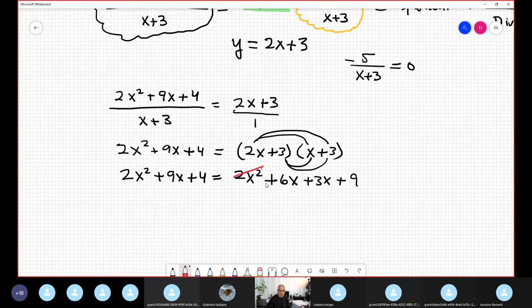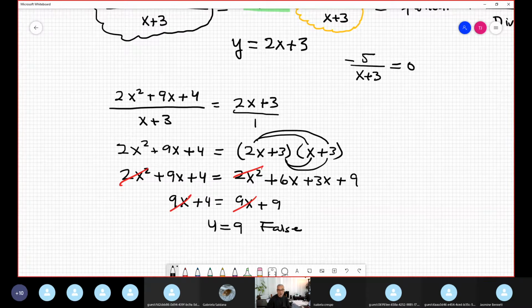Obviously, this part is cancelled because it's the same. So we have 9x plus 4 equal, we combine later, 6 plus 3 is 9x plus 9. Wow, again I can see this is cancelled and you get a contradiction. Completely false statement because 4 is not equal to 9. It's exactly the same interpretation.